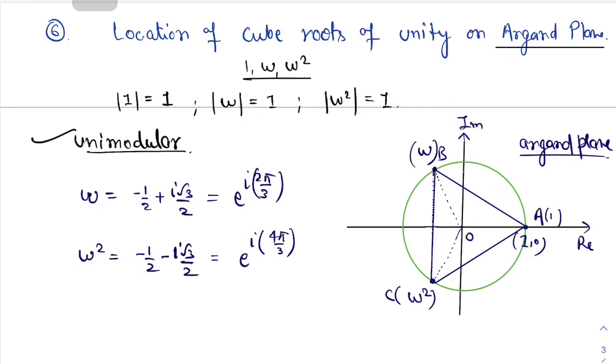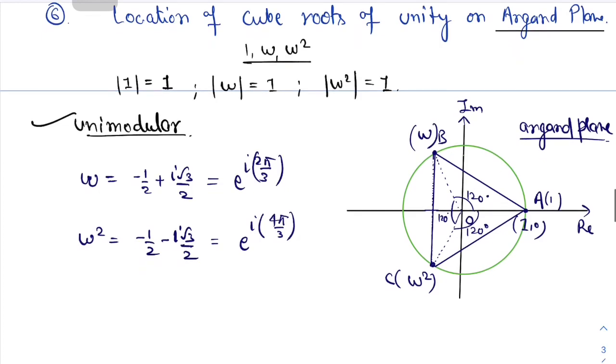How can I say this triangle is equilateral? Because this central angle is 120 degrees. This angle is again 120 degrees. If I subtract 120 plus 120 out of 360, I will get 120 again. So this angle is also 120 degrees. It means this triangle is equilateral.